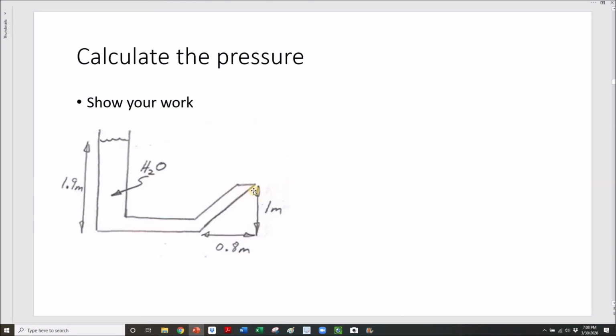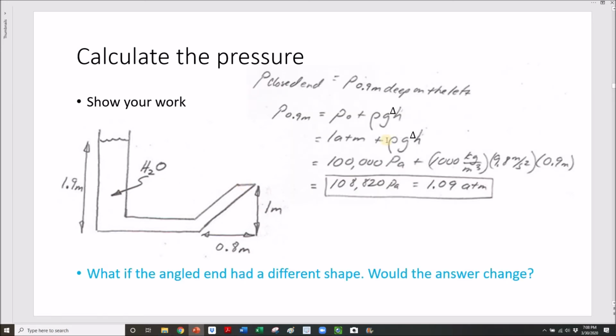Okay, calculate the pressure right here. Well, we know a few things. We know that the pressure here has to be the same as the pressure over here if it's a static fluid. So all we have to do is find the pressure at this point, and it'll be the same as at that point. So the difference in height between here and here is 0.9 of a meter. This is 1 meter, so that's 0.9.